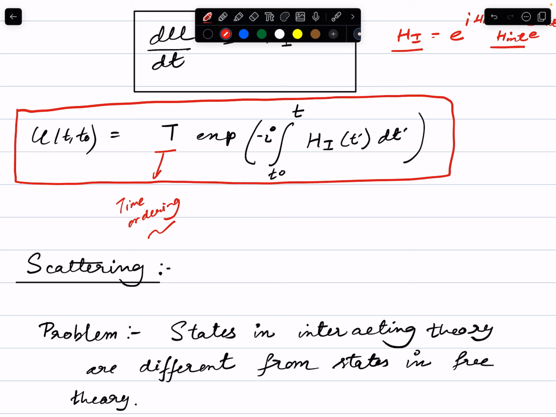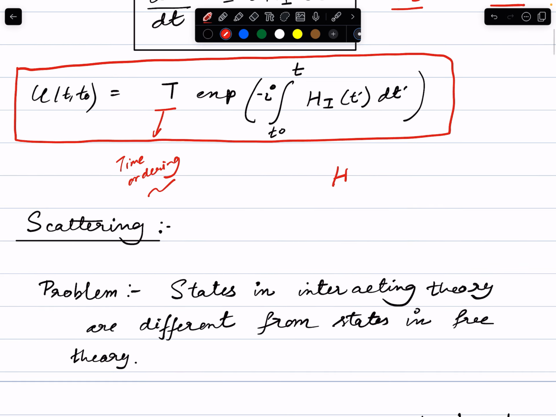When we have operators at different times, these operators need not commute with each other. So H_I at time t prime and H_I at some other time t double prime need not commute with each other. So we cannot move them.